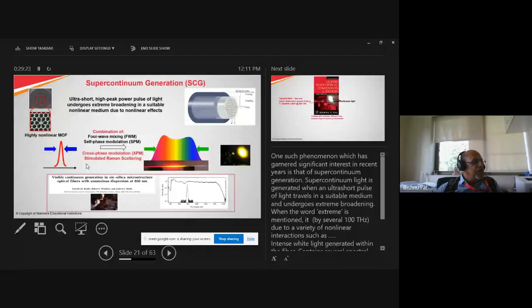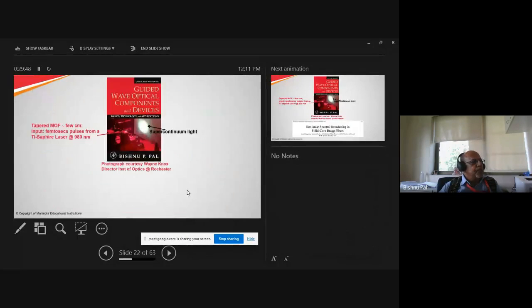And here you can see the authors showing the picture in which they were carrying out this supercontinuum generation. They had an 800 nanometer pulse, which acted as a pump, and they sent it into a photonic crystal fiber only a few centimeters long, and on the other side you get a broad spectrum, as you can see here, power versus wavelength.